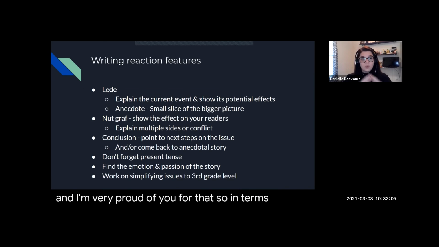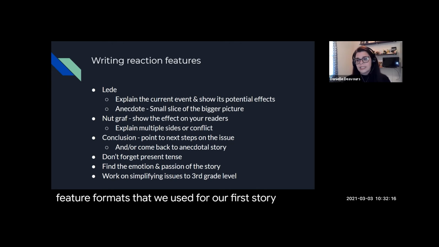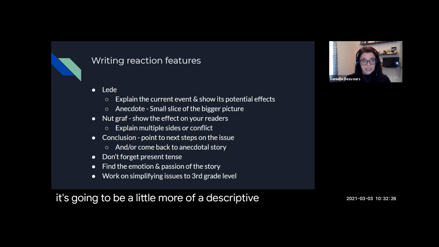In terms of writing and what the actual feature looks like in terms of format, it's going to be very similar to the general feature formats that we used for our first story, except the lead needs to contain an explanation of the current event and show its potential effects. So it's most likely going to be a more descriptive lead, where you're explaining the story and what has happened, what is prompting you to write this reaction feature.